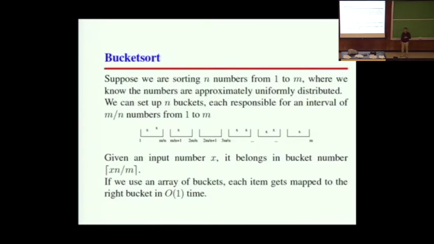I toss it in the bucket. If the numbers are uniformly distributed, I should have on average, one item per bucket. Not going to get too many items in any one bucket. Okay? And now I can go along and basically sort these constant number. How much time does it take to sort a constant number of things? A constant, right?